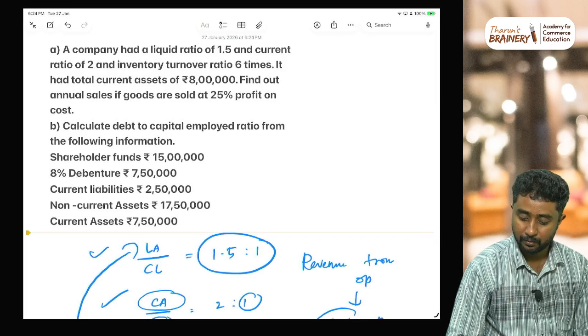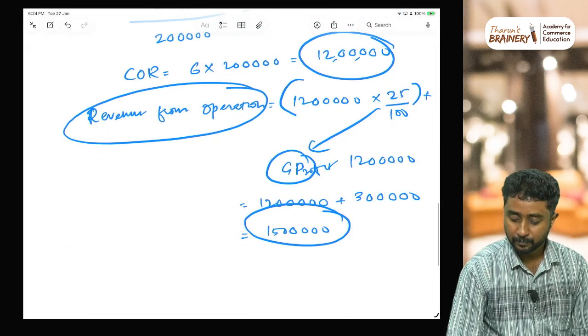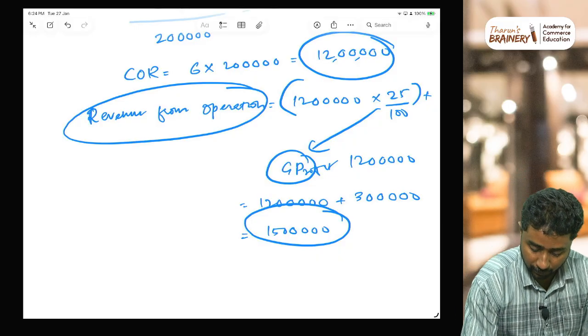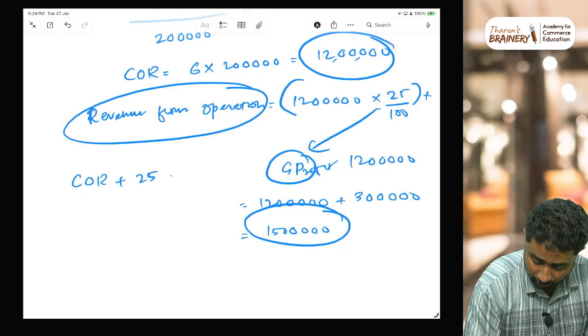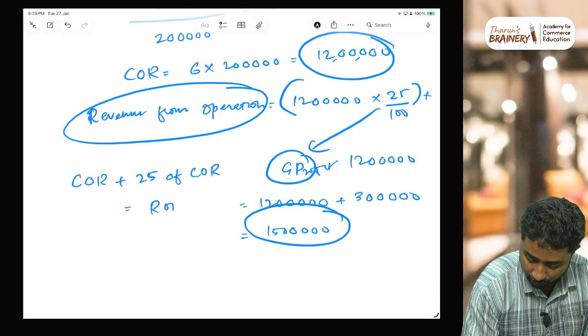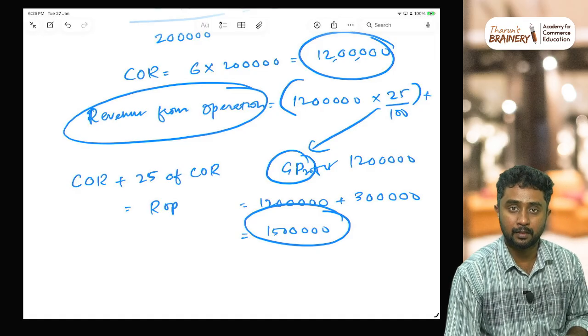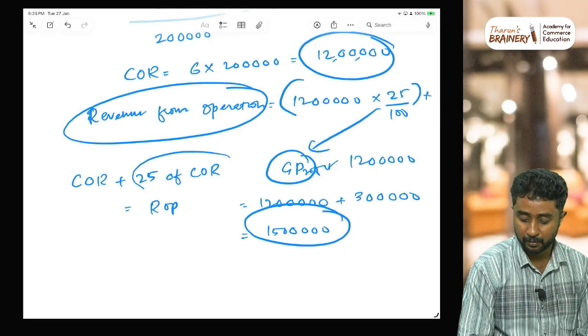Annual sales, if your goods are sold at 25% profit. So this part again I will explain. Revenue from operations, how did we find? We know that cost of revenue plus 25% of cost of revenue is revenue from operations, because they said goods are sold at 25% profit on cost. That means 25% profit on which value?